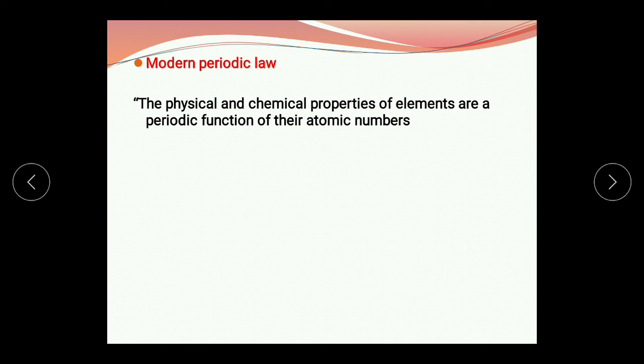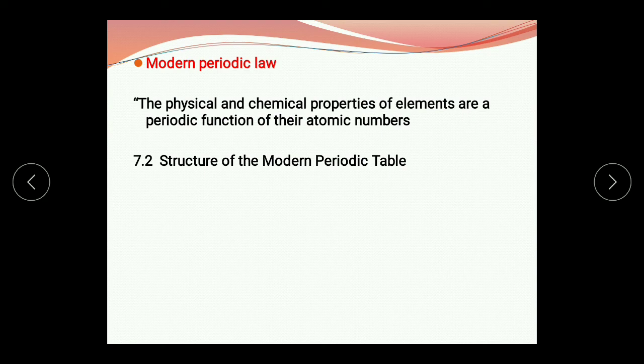That means after some elements the property reoccurs, or it is a periodic function of atomic number. That means the elements should be arranged in their increasing atomic number in horizontal rows, and in vertical columns after a certain number of elements, an element with the same property occurs, and that should be kept in a single group, one below another. Understood? And hence a new structure has been introduced.